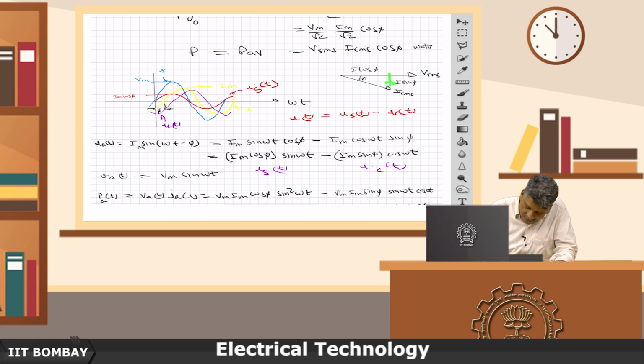The 90° comes from here, and also from here, that these two angles between these two are 90°, that you see on the time domain graph also.